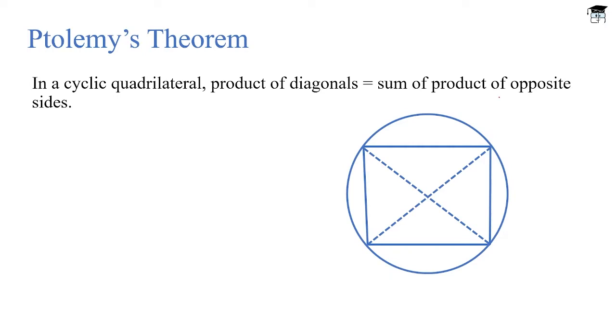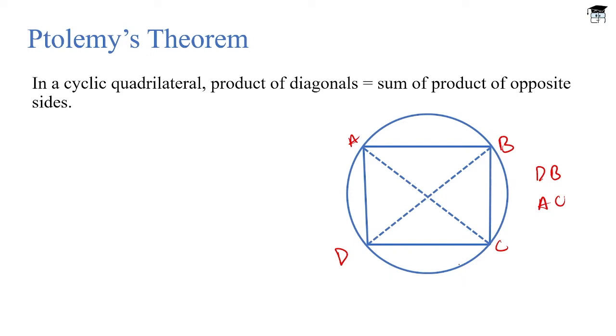Now this is a cyclic quadrilateral, let me mark it A, B, C, D. It has two diagonals, that is DB and AC.